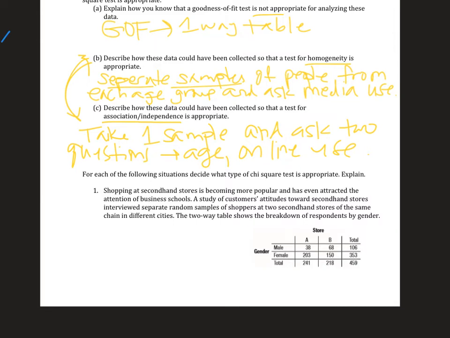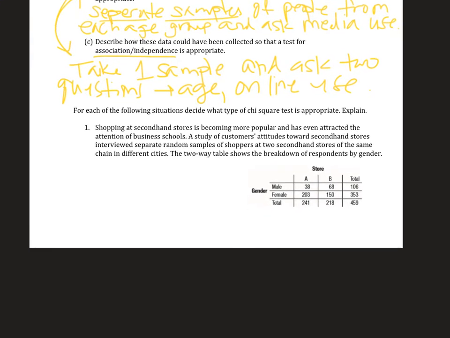All right, so here we go. For each of the following situations, decide what type of chi-square test is appropriate and explain why. The first one: shopping at secondhand stores is becoming more popular and has even attracted the attention of business schools.